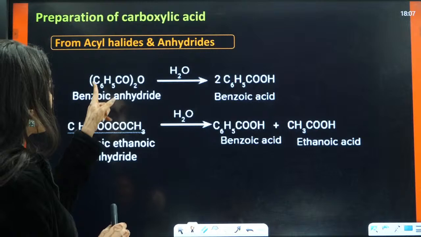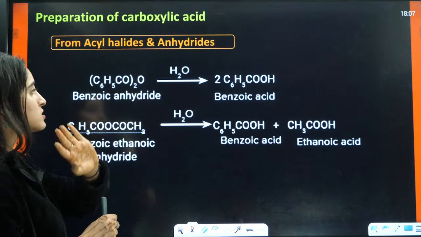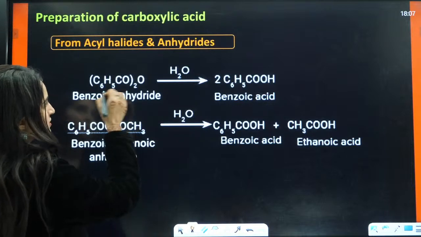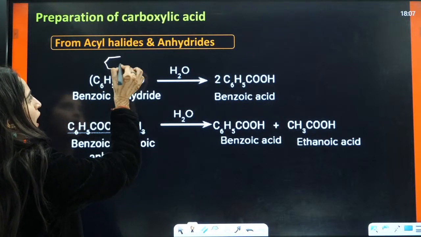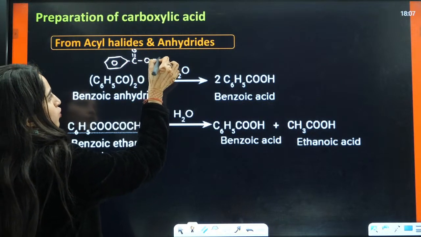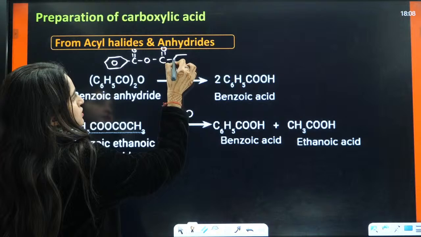Next, they are giving you two examples. They say you have C6H5CO twice O. That means you have benzene, C double bond O, this is O, this is C double bond O, and this is benzene.